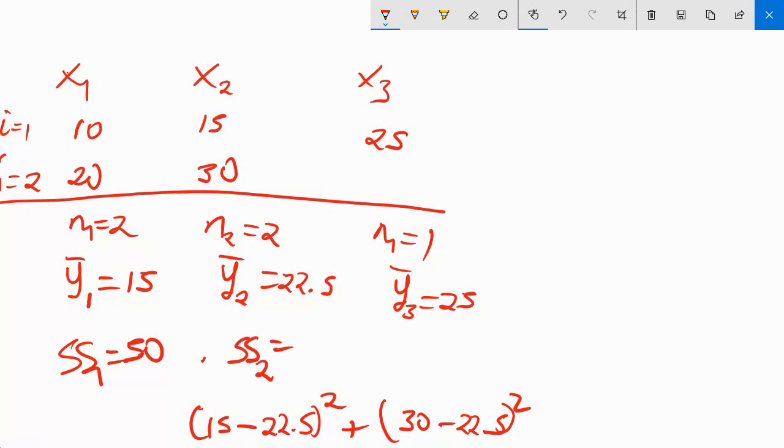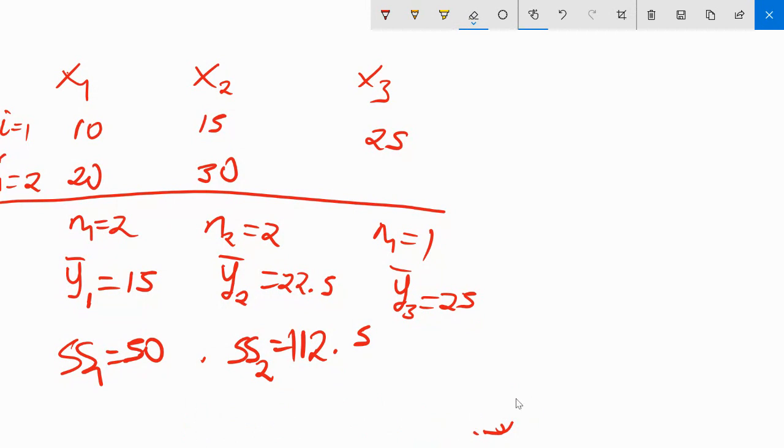What is that value? 112.5. Yes, thank you. And the last one, the mean is equal to the observed value. So the sum of the deviation is 0 here, because this mean is equal to the observed value. So this will give us 0.